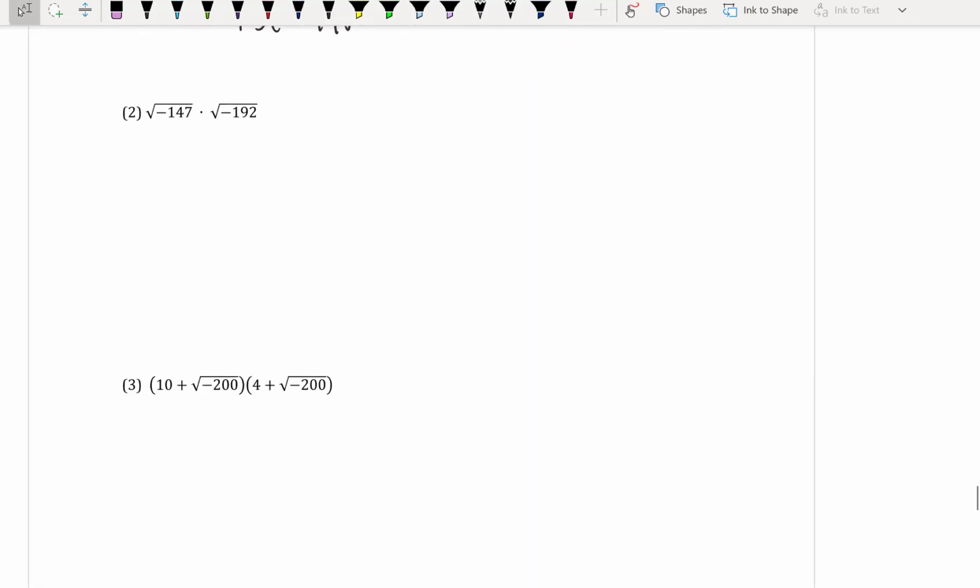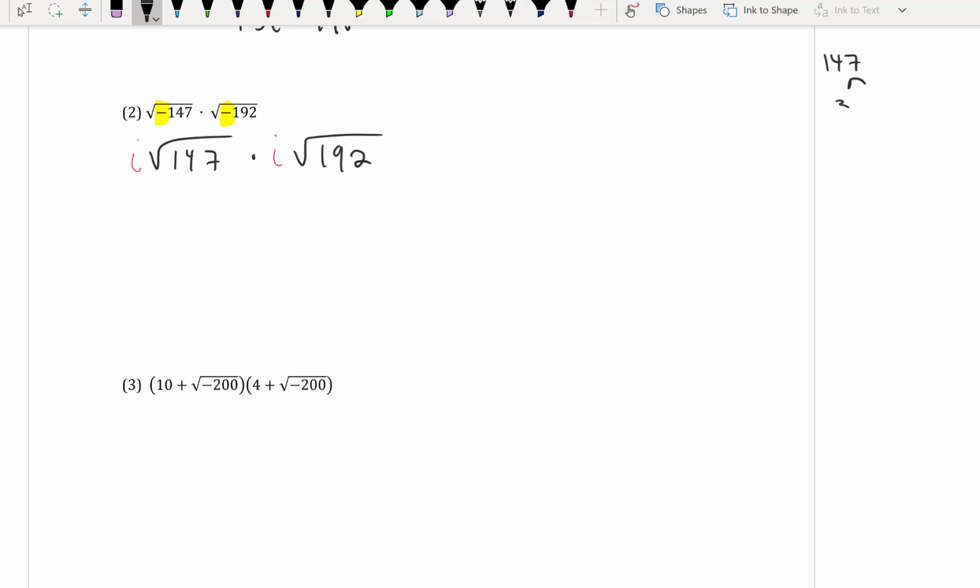For number 2, the first thing I want to think about is that negative. So I can pull out that i. So now I can deal with the square root of 147 being multiplied, and again I have the i that's being pulled out, and now I have 192. So if I have 147, let's see if I can factor this.